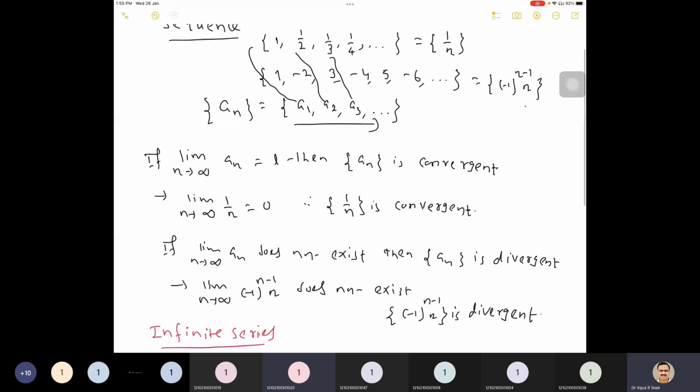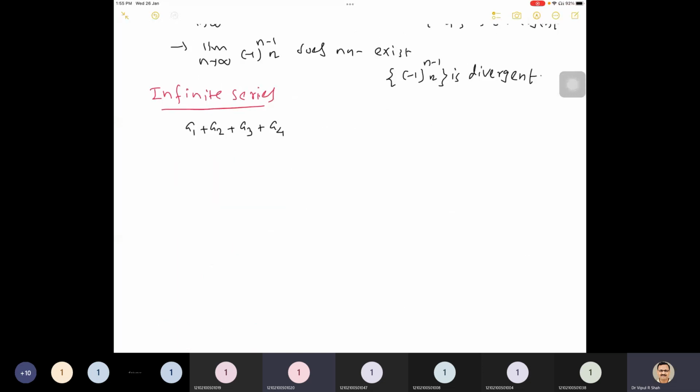If you take the addition of infinitely many terms, we write it this way: series n equal to 1 to infinity an. So this is an infinite series. There are infinitely many terms, and we are adding all the terms. That is called an infinite series.